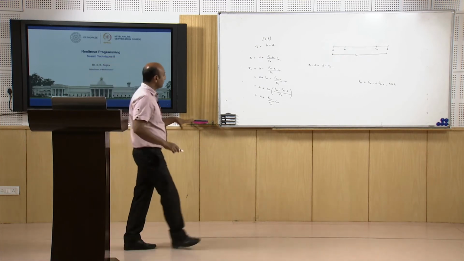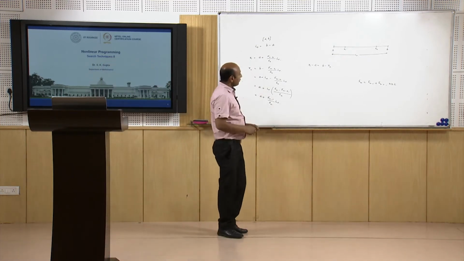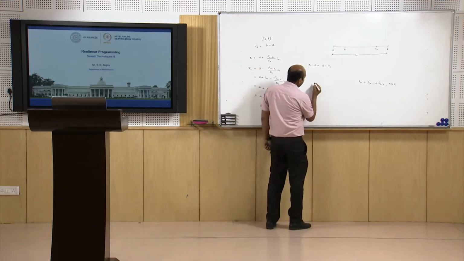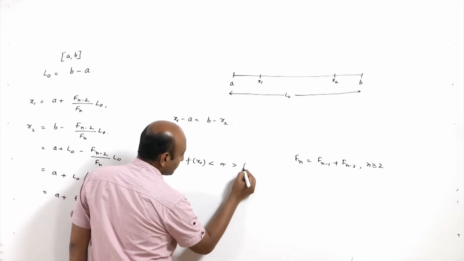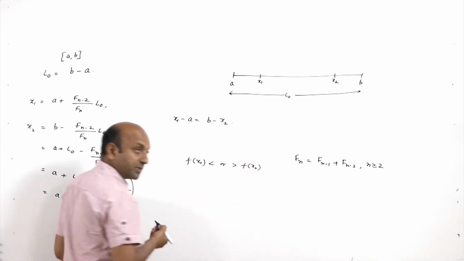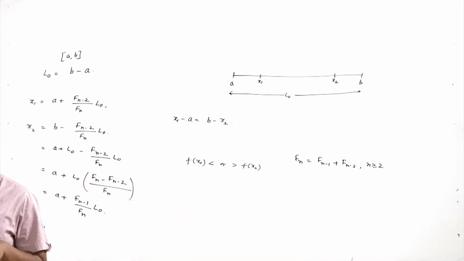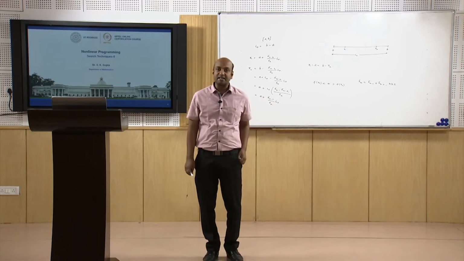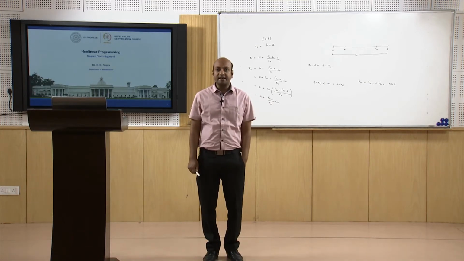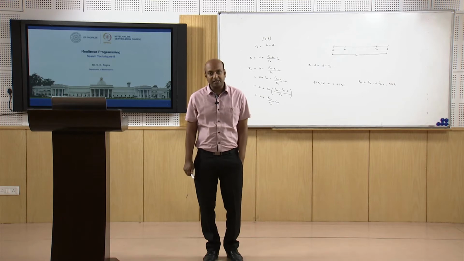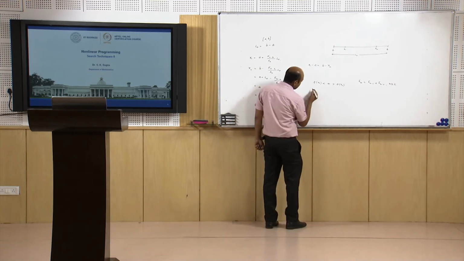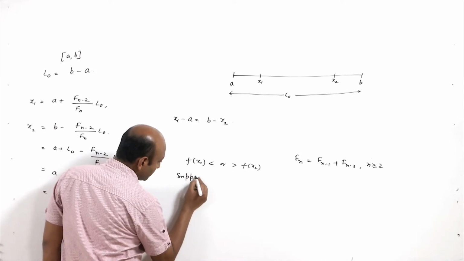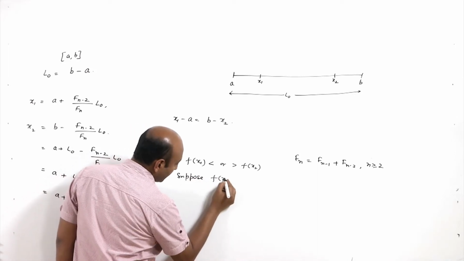So that is how we will find the two experiments. Now we will see whether fx1 is less or greater than fx2. Next we will find whether fx1 is less than fx2 or fx1 is greater than fx2. So this will decide what will be the next interval of uncertainty. Suppose fx1 is less than fx2.